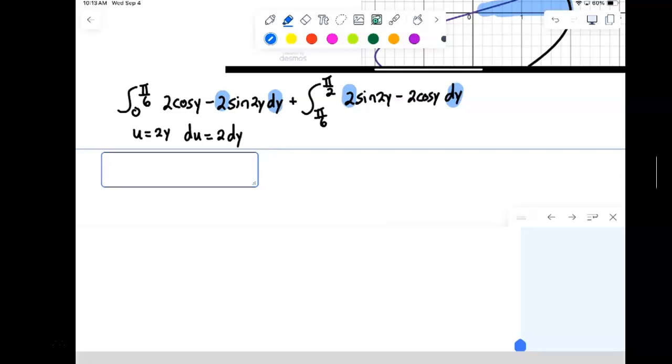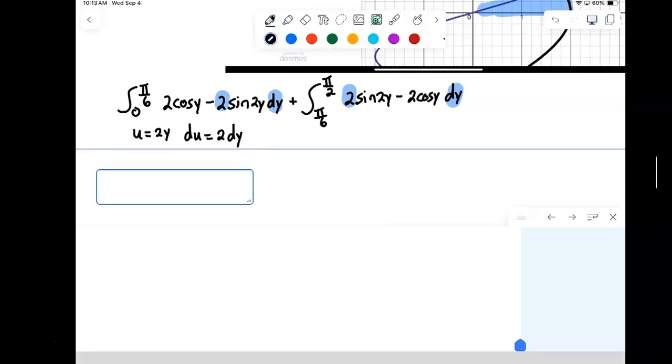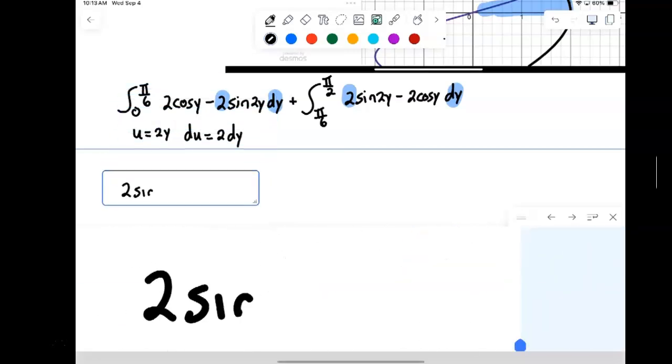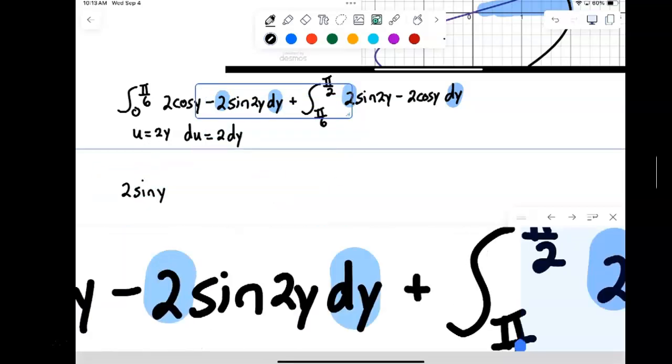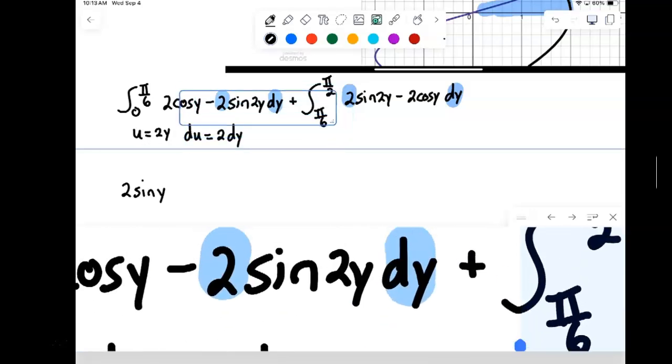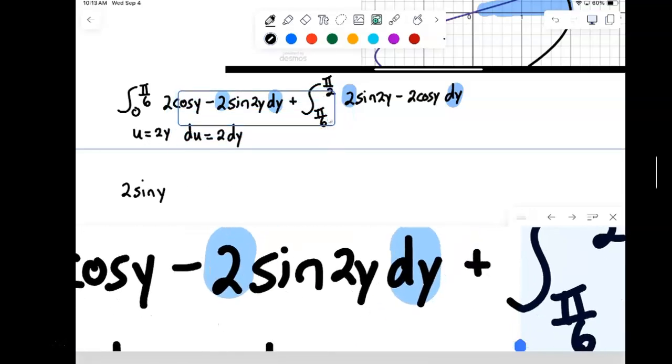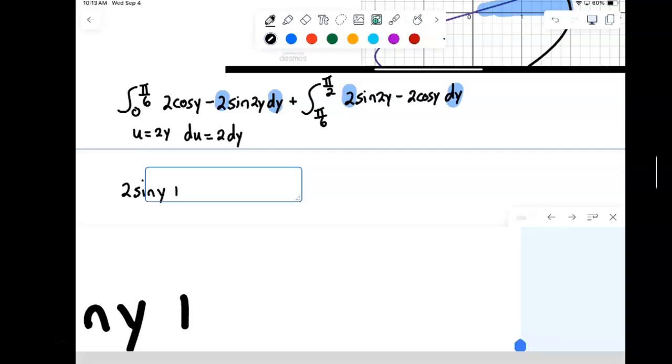Okay, so we're ready to do the integral. Integral of 2 cosine y. Cosine, again, behaves the opposite of sine. Sine when integrated is negative, so cosine will be positive. So integral of 2 cosine y will just be 2 sine y. Again, the substitution is ready to make that sine of u. Sine, when integrated, is negative, so that'll actually make it plus.